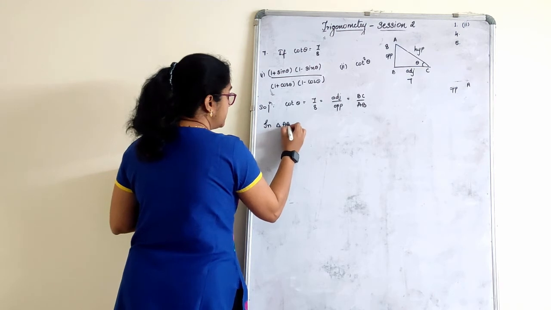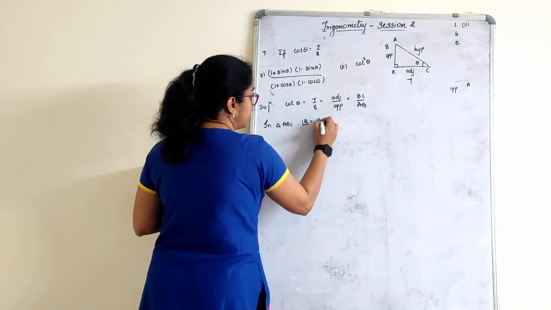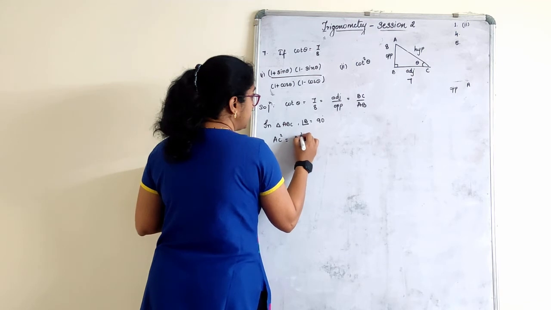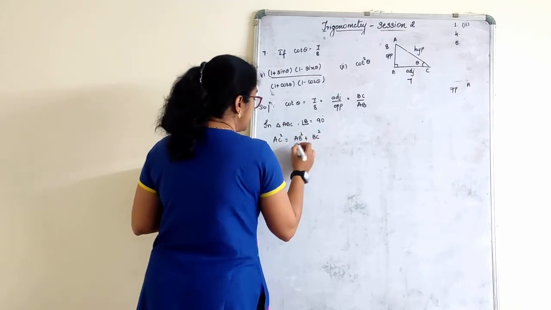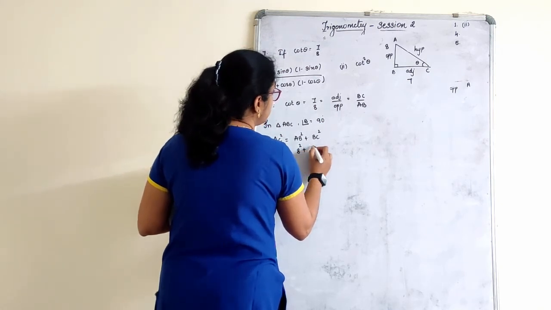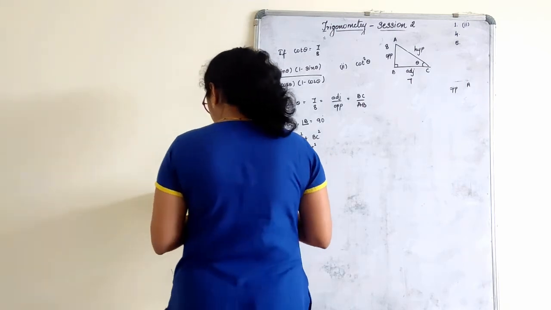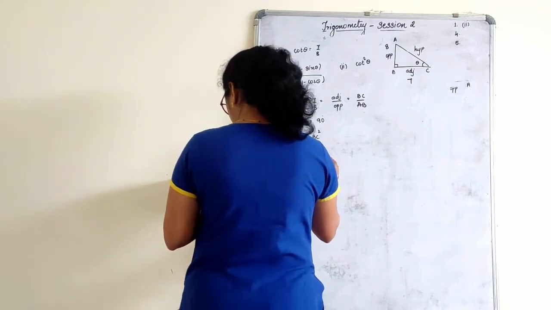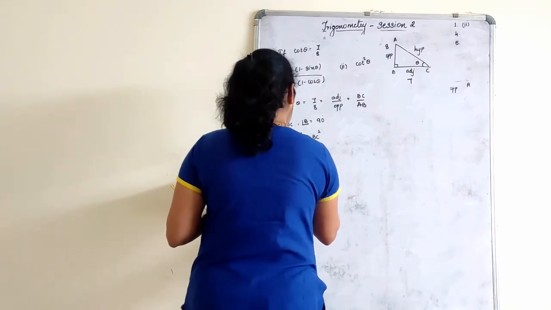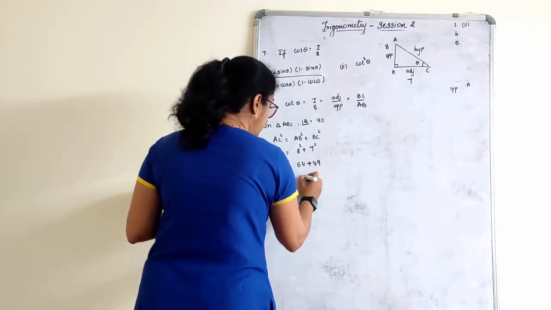In triangle ABC, angle B is equal to 90 degrees. AC square is equal to AB square plus BC square, that is 8 square plus 7 square, 64 plus 49, which is equal to 113.